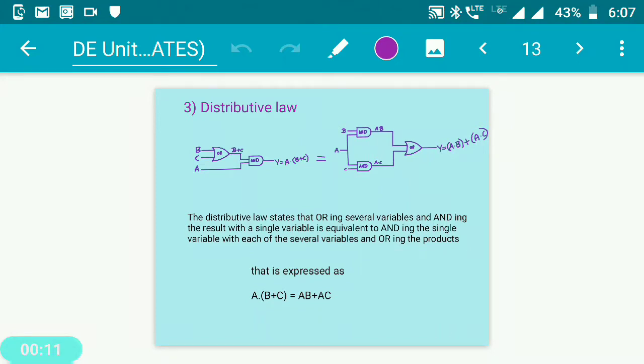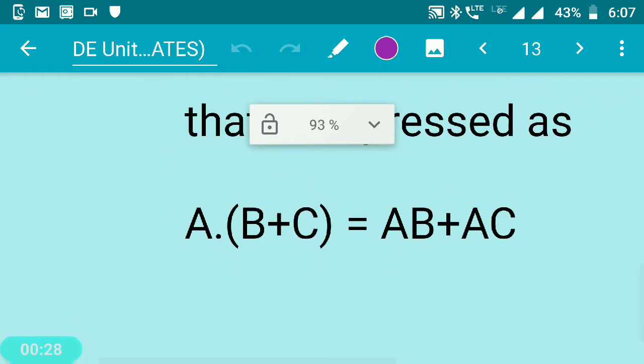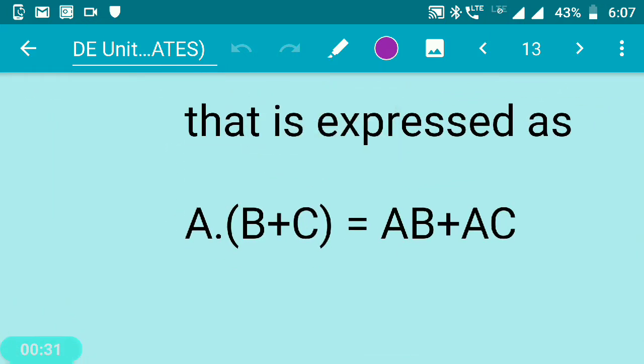In the commutative law and even in the associative law, you have commutative law for addition, commutative law of multiplication, associative law of addition, associative law of multiplication. But in distributive law, you don't have distributive law of addition and distributive law of multiplication, because just observe this equation. Here we have both the operations in one single term itself.